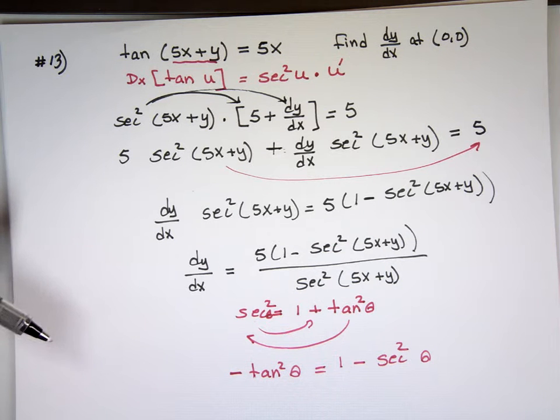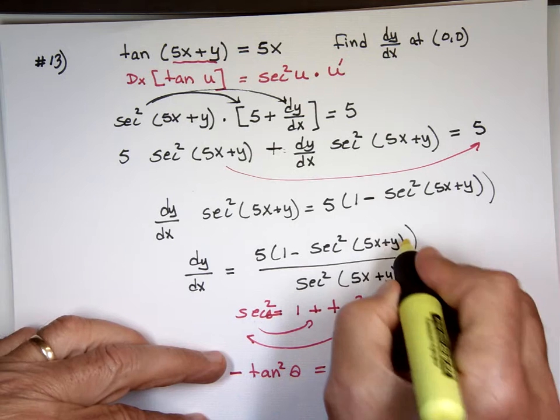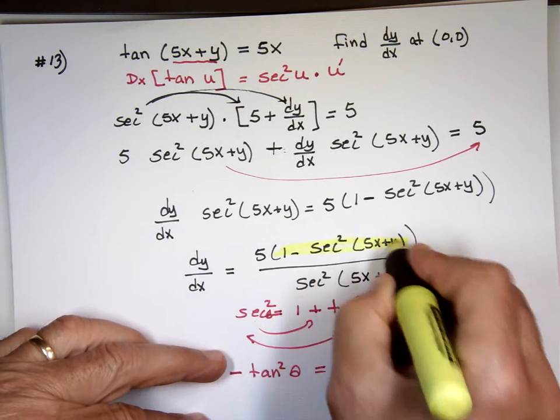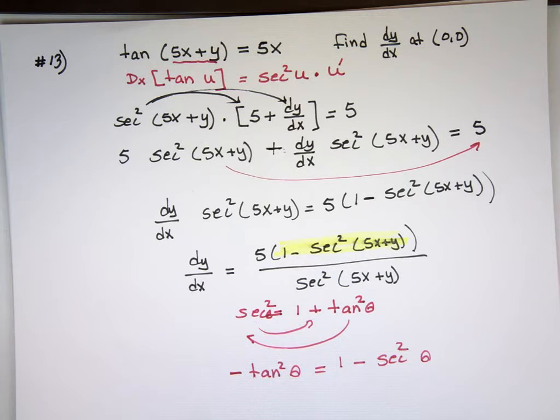So why? Because I'm looking at this piece here, 1 minus secant squared. Can you see it highlighted now? Try to highlight with yellow. 1 minus secant squared, I can replace that with negative tangent squared.